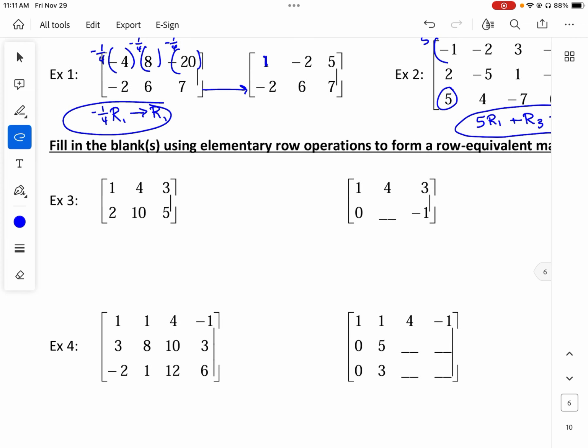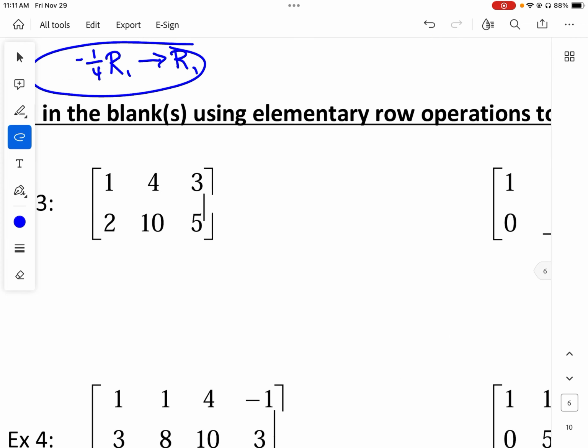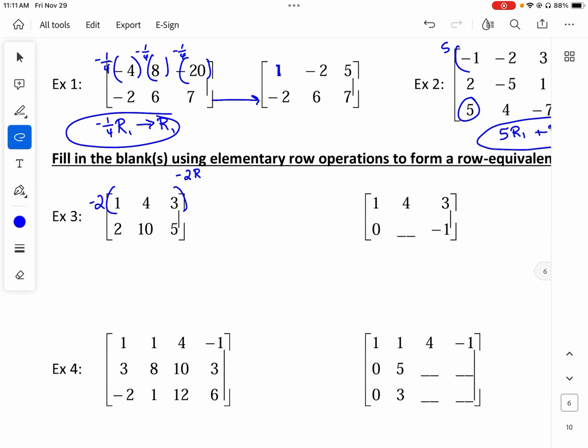Okay, let's look at this one. All right, so I want to make this a 0. So I'm going to have to multiply this times the opposite, so -2. So this is going to be -2 times row 1, because see how these are the exact same, and we get a 0 here. So -2 times row 1 plus row 2 to give me my new row 2.